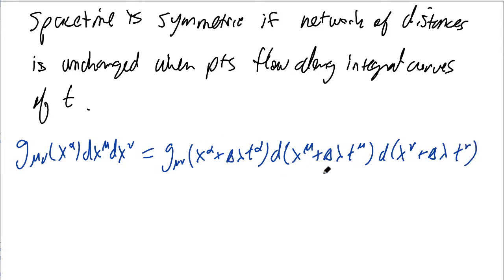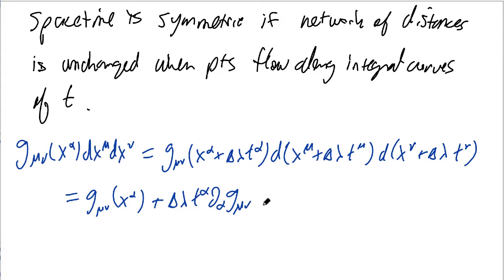And now we'll expand each of these 3 factors in a Taylor series. So this is g mu nu at point x plus delta lambda times t alpha partial alpha g mu nu plus higher order terms that I won't write since we're taking the limit as delta lambda goes to 0. The next factor is dx mu plus delta lambda times partial alpha t mu dx alpha.